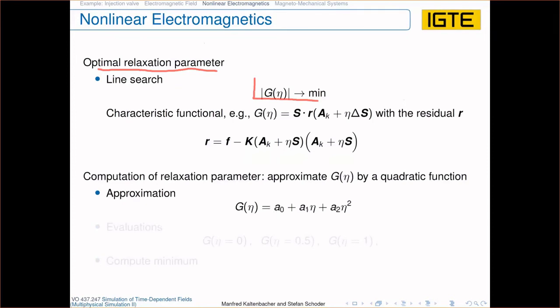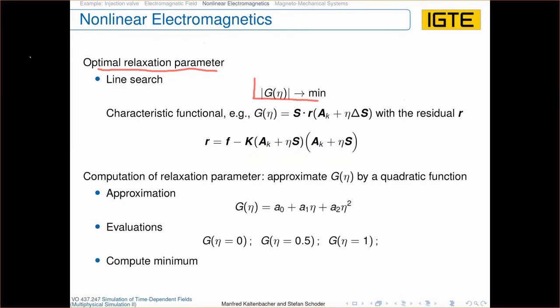You simply can compute eta out of the coefficients a1 and a2. The evaluation of g at eta equals 0 we have already done in the previous iteration. This is what we obtain when we have solved, and then in addition we have to evaluate at eta equal 0.5, and we can simply compute the minimum.